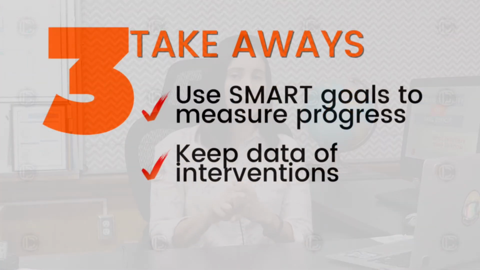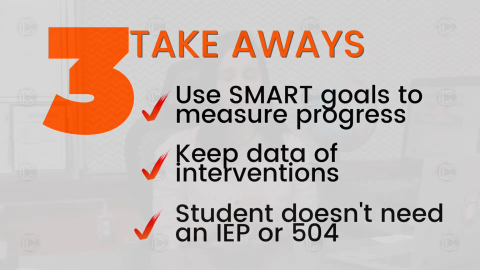And number 3, the student does not need an IEP or a 504 for interventions or differentiation. Whether it's a learning disability or a skill deficit, if you see a student struggling, you don't need to wait for somebody to tell you to provide accommodations or differentiation. Good teaching is jumping in there, doing the one-on-one with them, doing some kind of intervention with them, a small group.